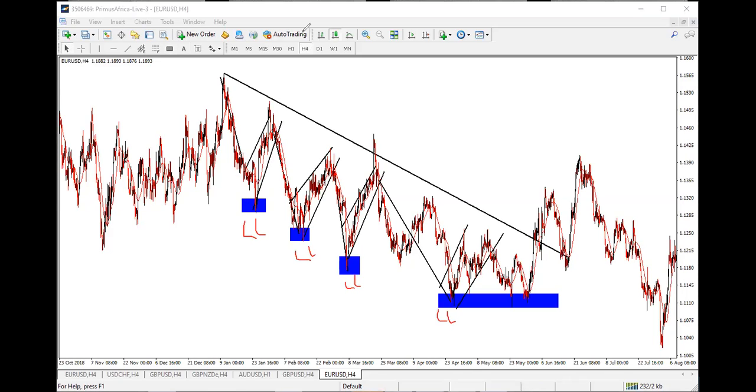But this low was not taken out. So this is a sign to tell me that this market is about to go up from here. You see the W? That's a perfect W shape. See how the market moved up.